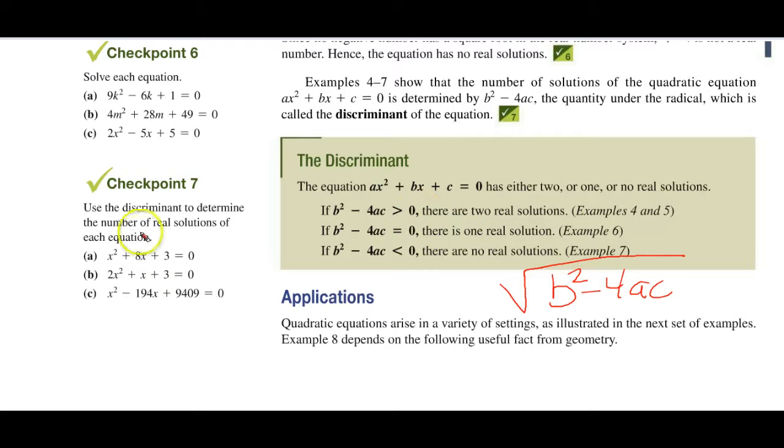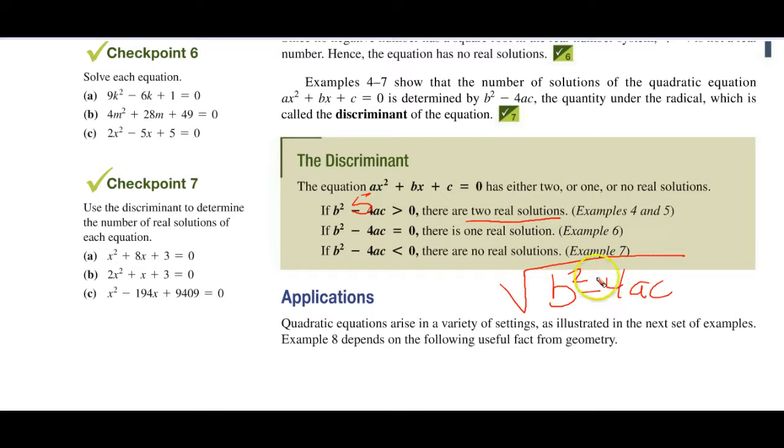And here they're saying if the discriminant is greater than 0, let's say it's 5, 5 is greater than 0, there are going to be 2 real number solutions.